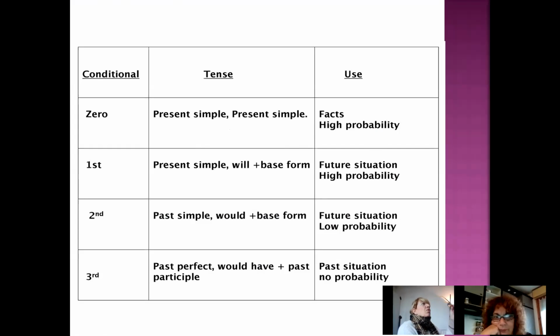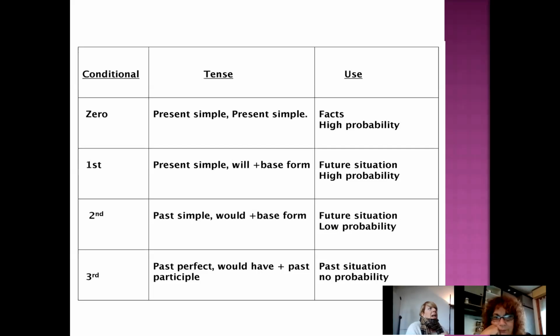For conditional zero, that is not a real conditional, but is a tense that we use a lot: present simple and present simple. Facts, high probability. The first conditional we use in the first part or second, they can always be interchangeable.